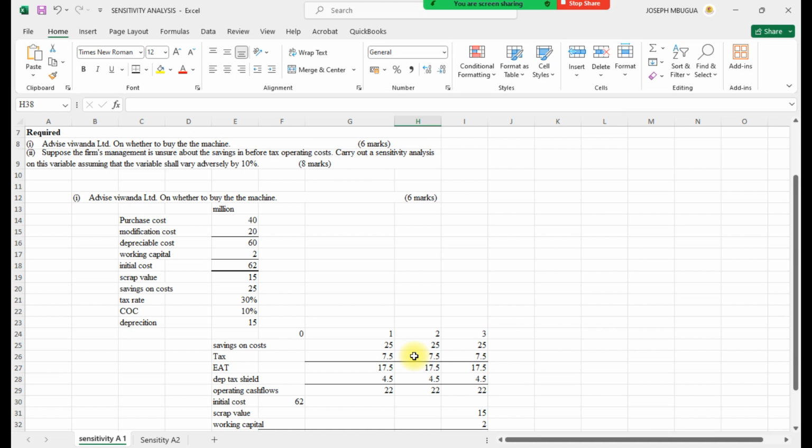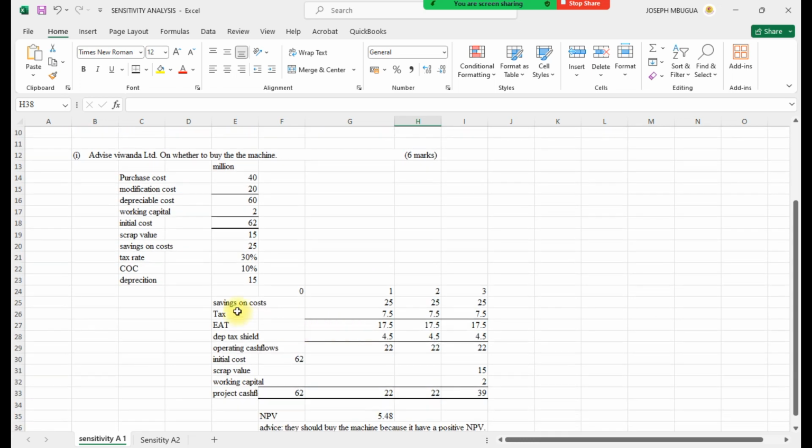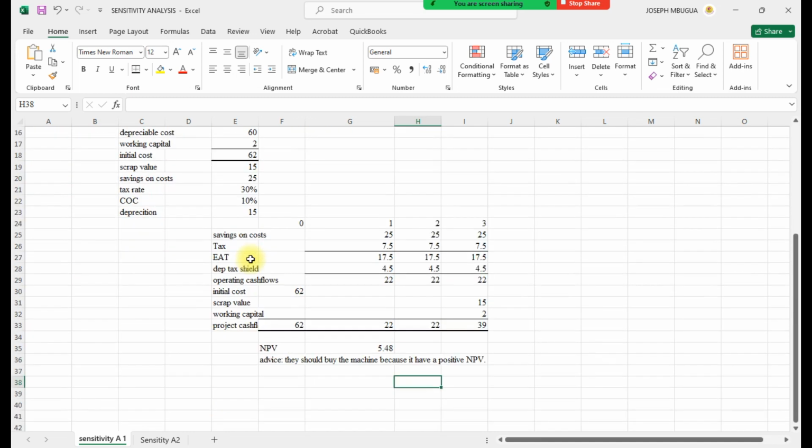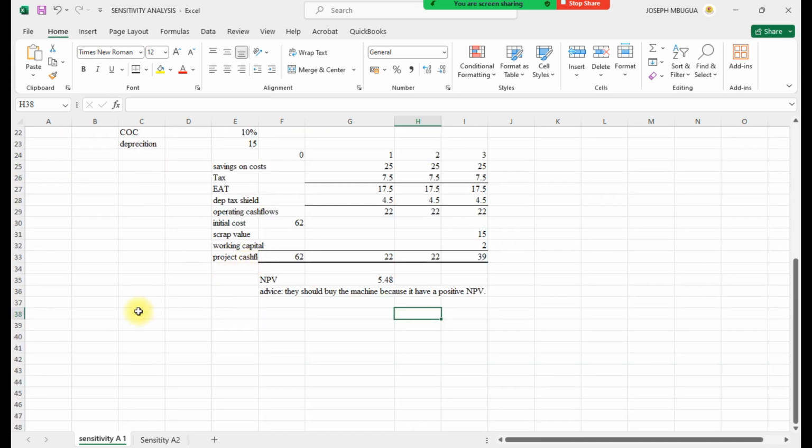Carry out a sensitivity analysis on this variable, assuming that the variable shall vary adversely by 10%. So the only thing that is now changing is our savings before tax operating cost. Here we had savings of 25. Now what if it varies adversely by 10%? What will happen to our project?